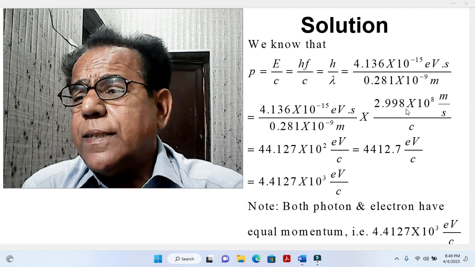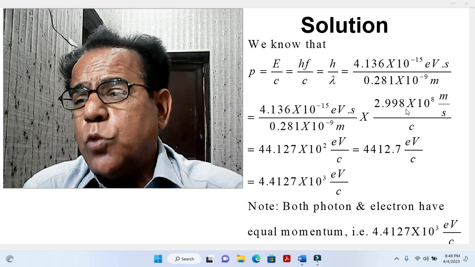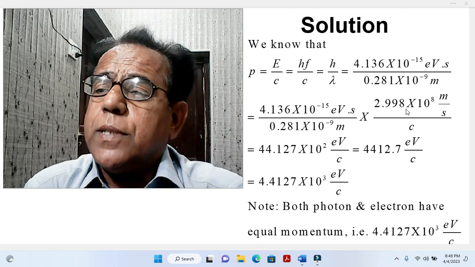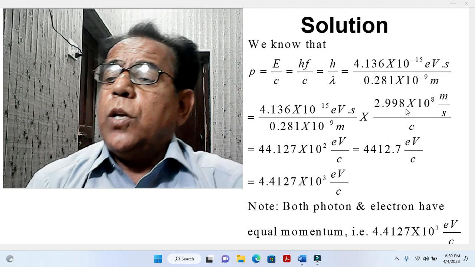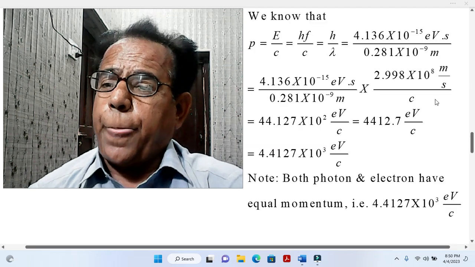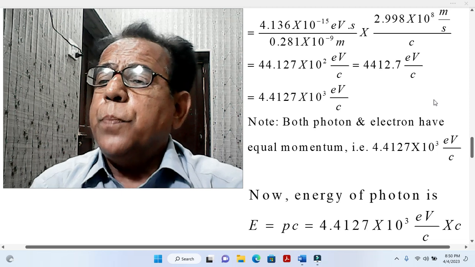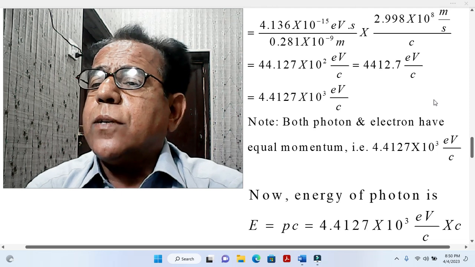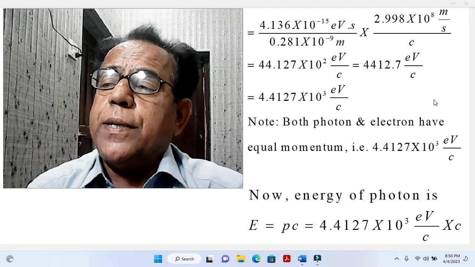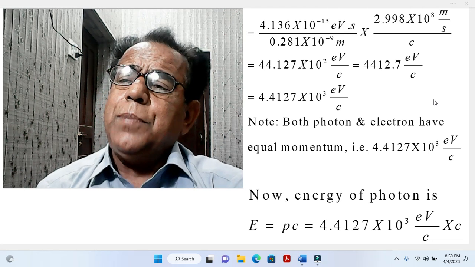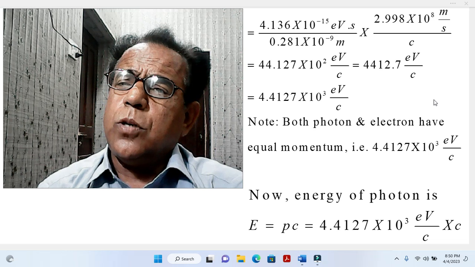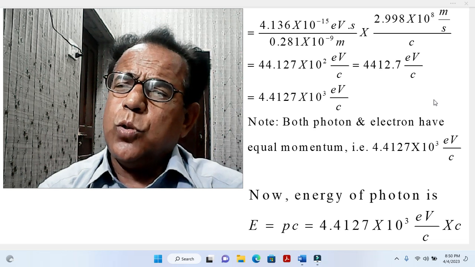So its answer has become equal to 4.4127 into 10 to power 3 electron volt over C. Note: both photon and electrons have equal momentum, because the statement is very similar for photon and electron, and their wavelength is also the same.